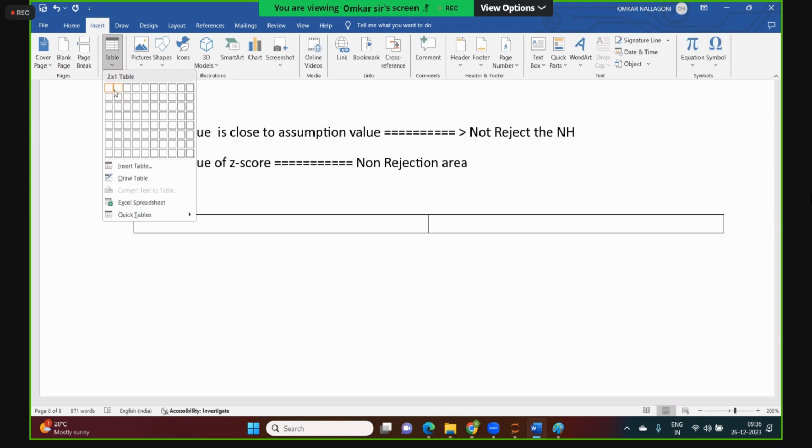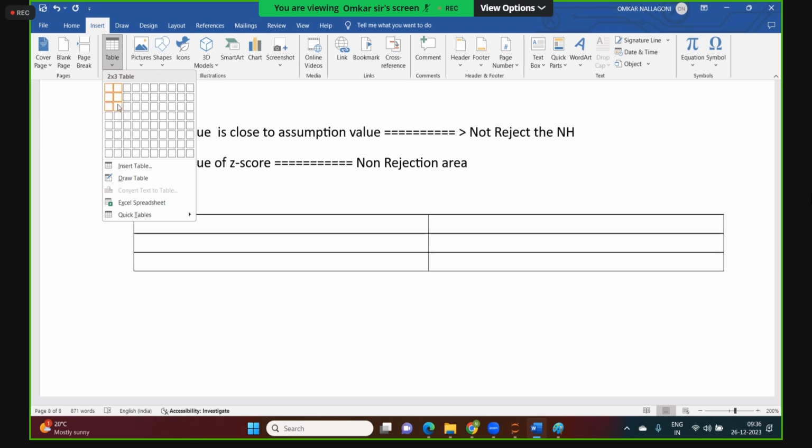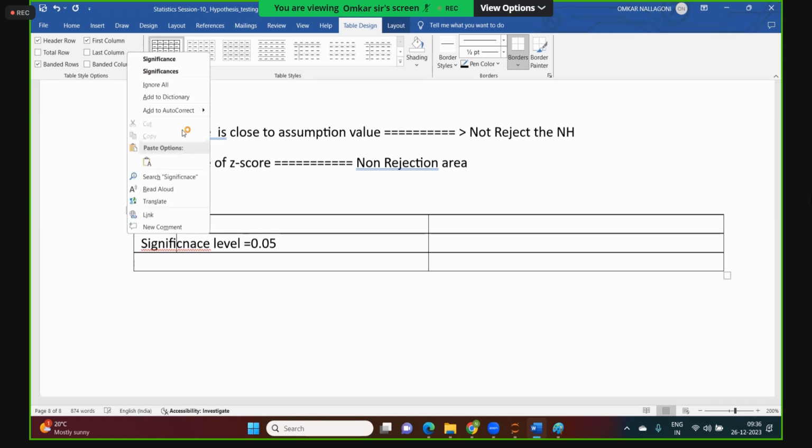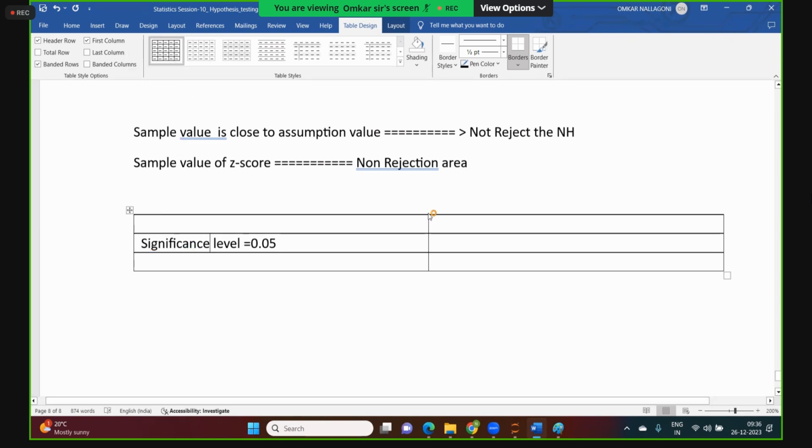Now we are providing a significance level value and getting a critical value. Suppose the significance level is equal to 0.05. When it is 0.05, what is your Z score?